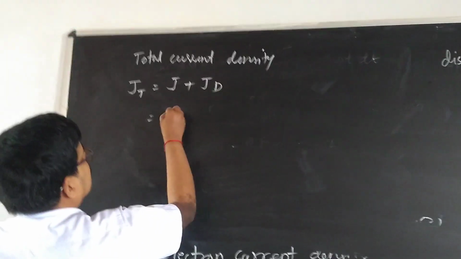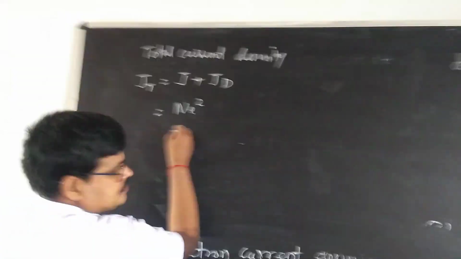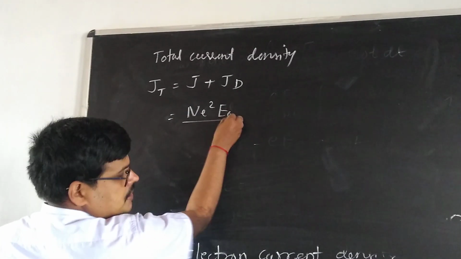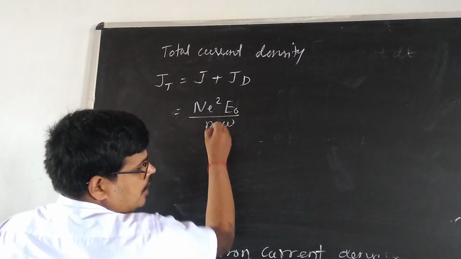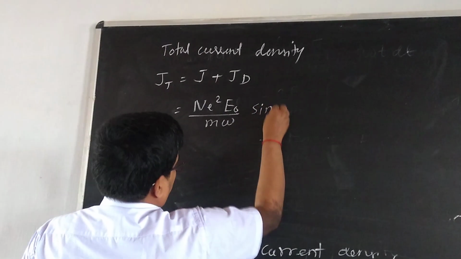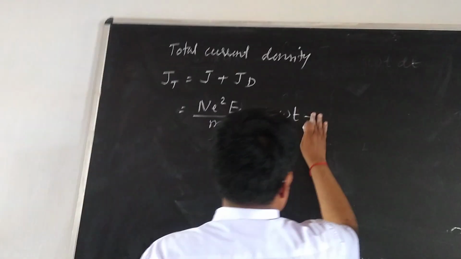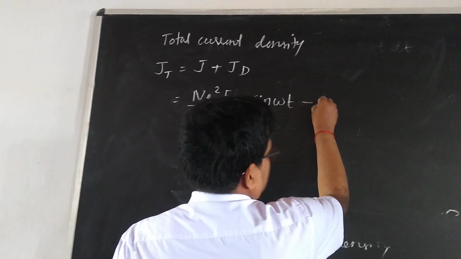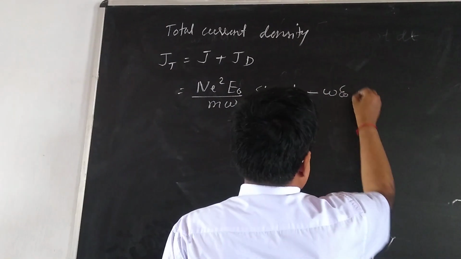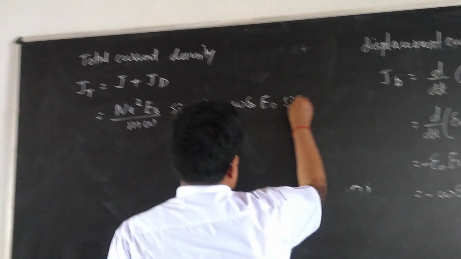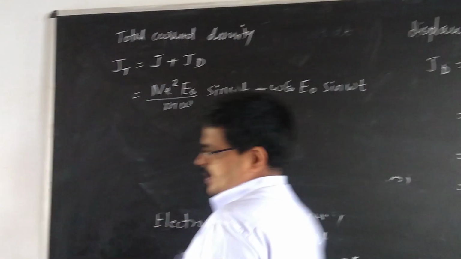J is N e square E naught divided by m omega into sin omega t, plus JD, which is minus omega epsilon naught E naught sin omega t.